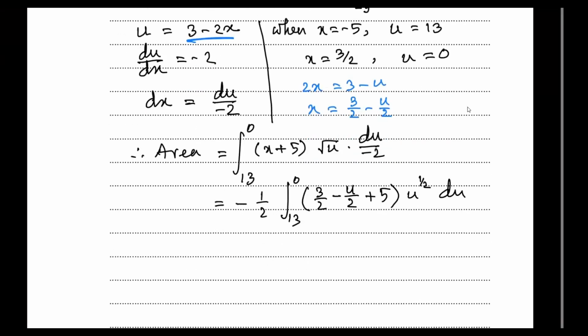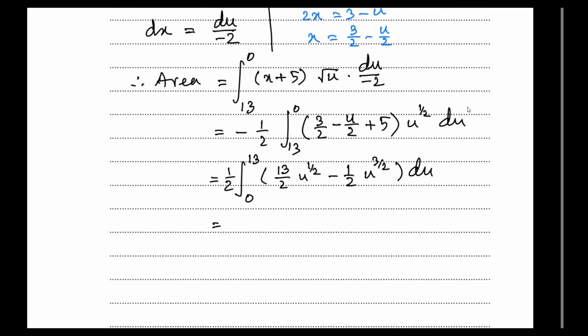Now remember, if you multiply the integral by negative, the limits change. So the lower limit becomes the upper limit and vice versa. So half times this is 13 by 2 u to the power half minus half u to the power 3 by 2. Now integrate.